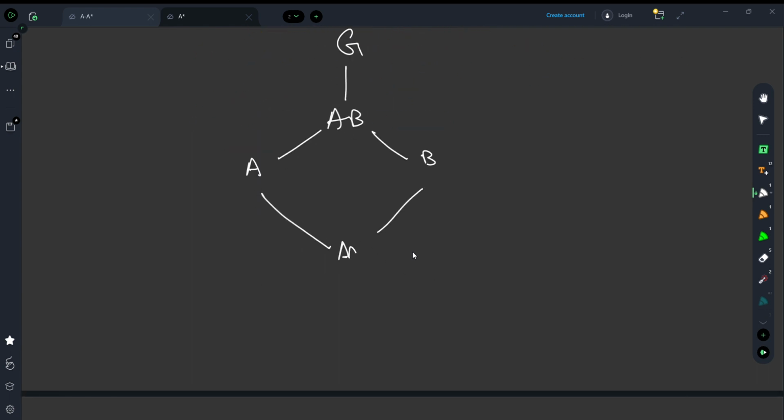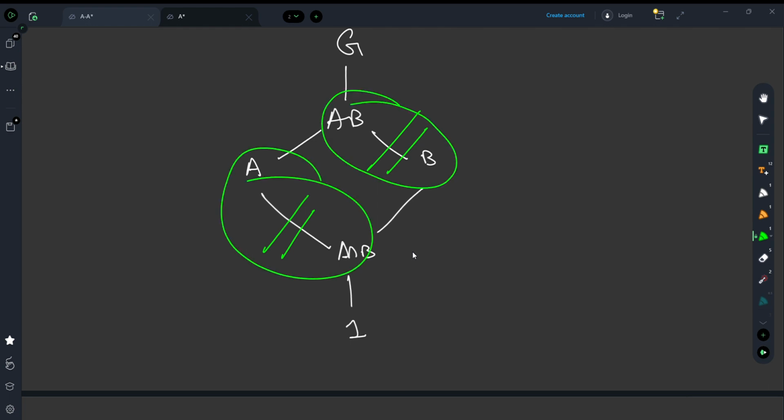Then A intersection B is a subgroup of both A and B, and A intersection B has the trivial subgroup. Observe that the isomorphism holds between this edge and this edge, right? This edge is isomorphic to this. So it's a sort of correspondence among a diamond shape. That's why the term diamond isomorphism.